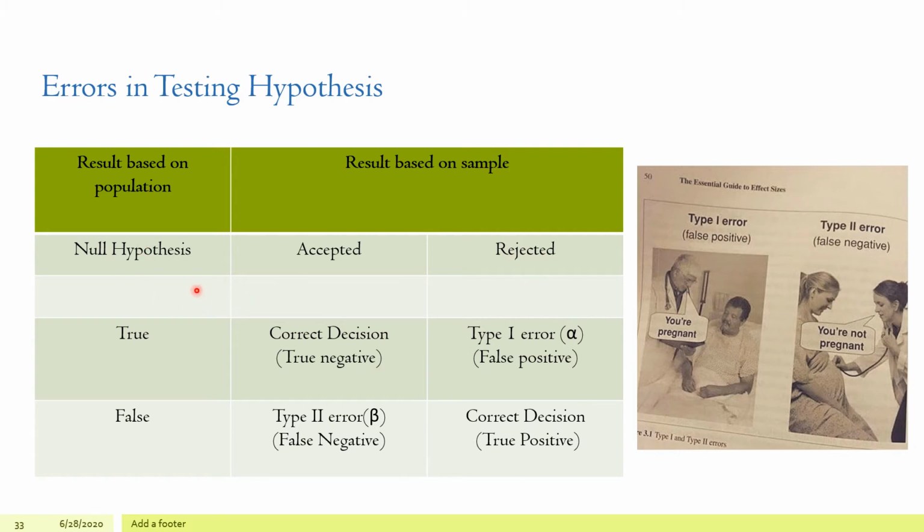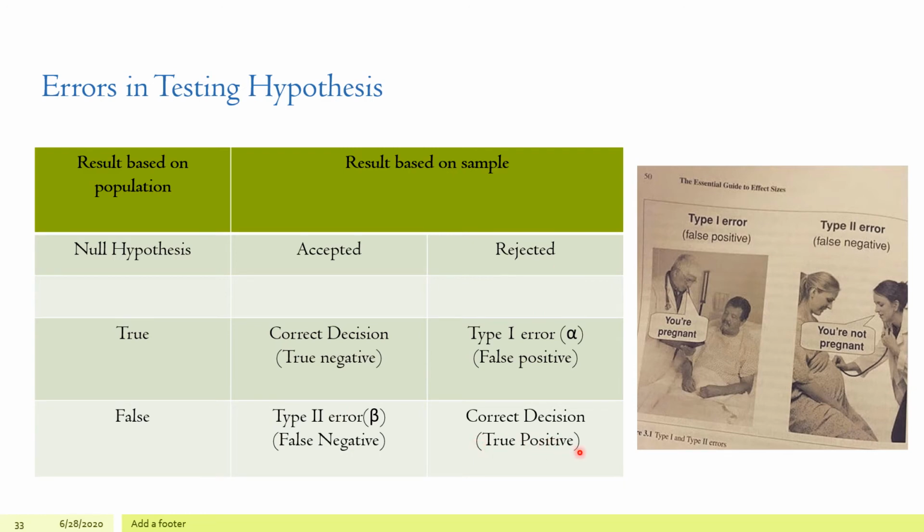If the null hypothesis is true but you have rejected, that is type 1 error, a false positive. When the null hypothesis is false and you have accepted, that is type 2 error. This is very severe. When the null hypothesis is false and you have rejected, then it's a correct decision, a true positive.